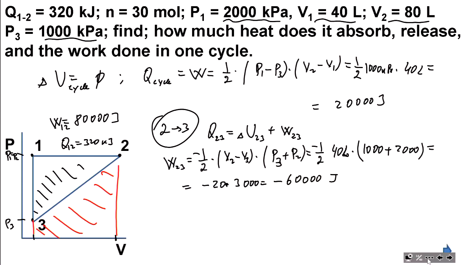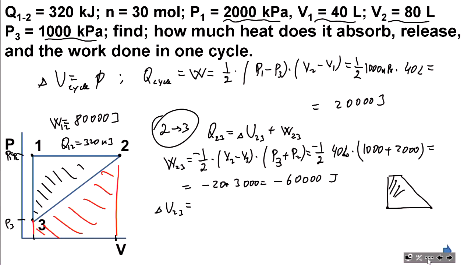Now, delta U23. We know, yes? Oh, this is the math question.